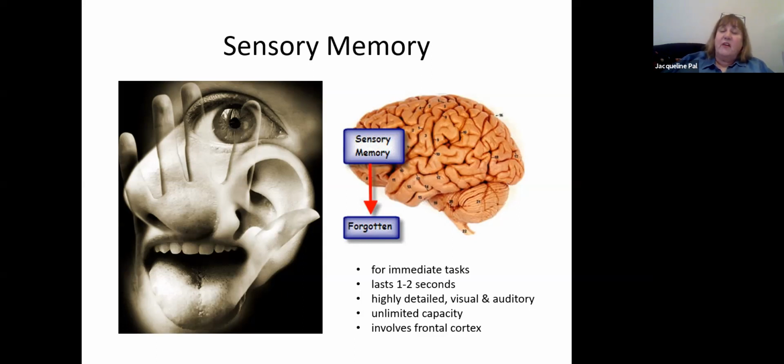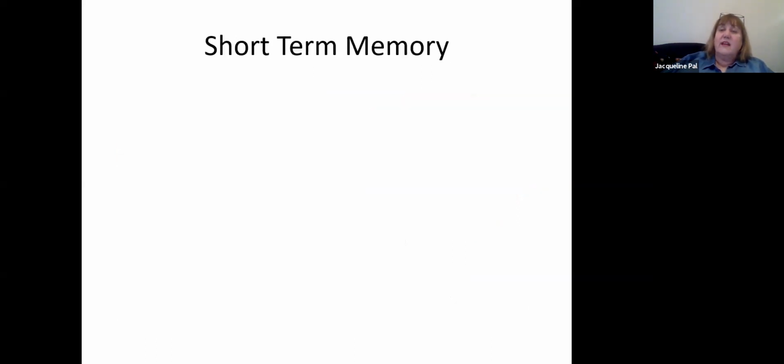The second type of memory lasts a little bit longer, and that's called short-term memory. Unfortunately, this is the type of memory a lot of students rely on for taking quizzes and tests, and that's why they are bad test takers, because they haven't moved the information into long-term memory.